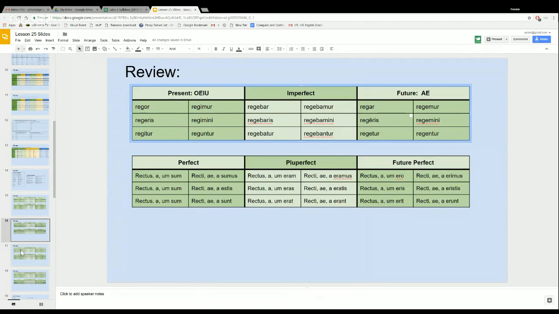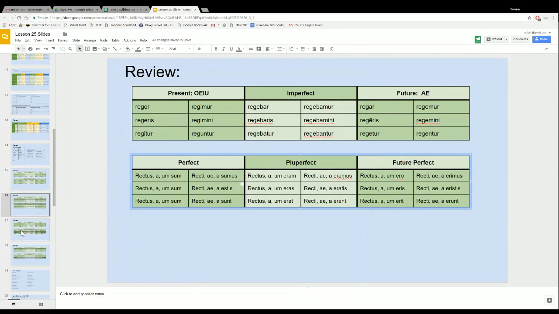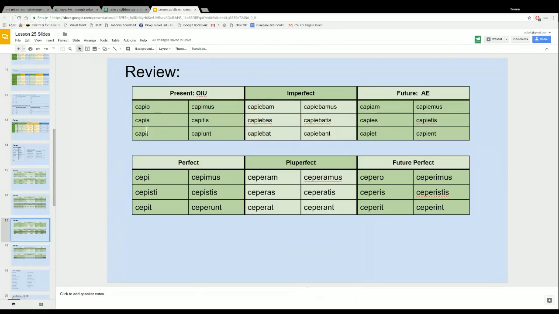All right, we're going to skip over reviewing the perfect system because this is very straightforward. It's very easy to remember, I think. Now, the third IO, again part of the third conjugation, is in its own little group because it's got this I that's popping up. So let's go through these.